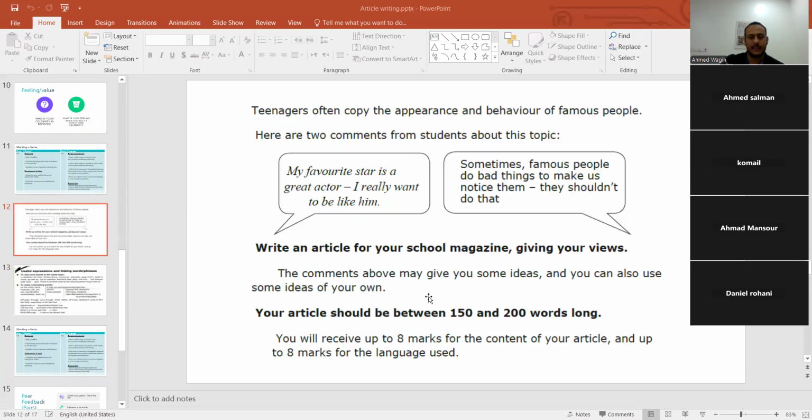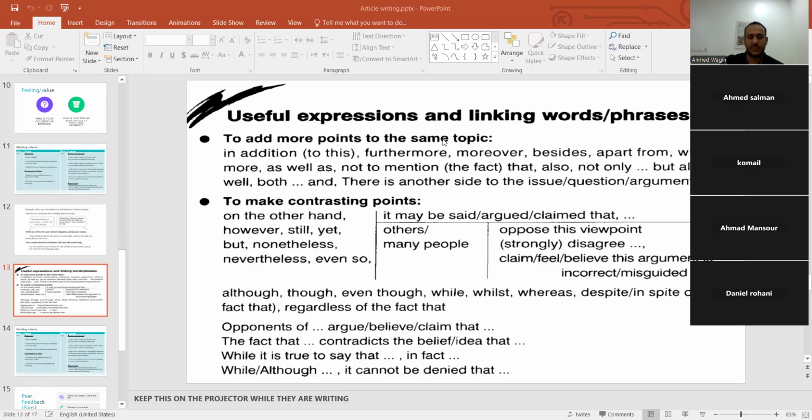Clear? So there are some useful expressions that may help you when you write an article. If you want to add more points to the same topic, you can use the linking words and phrases here.